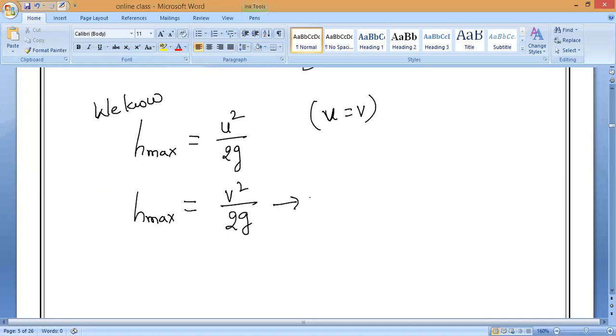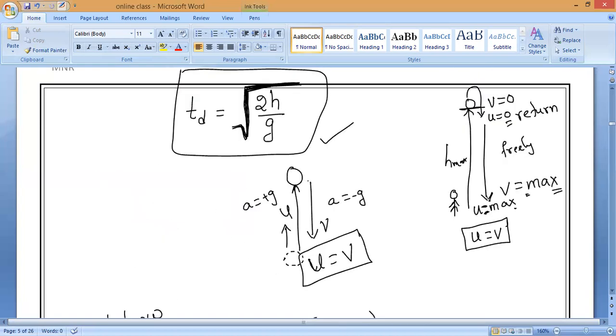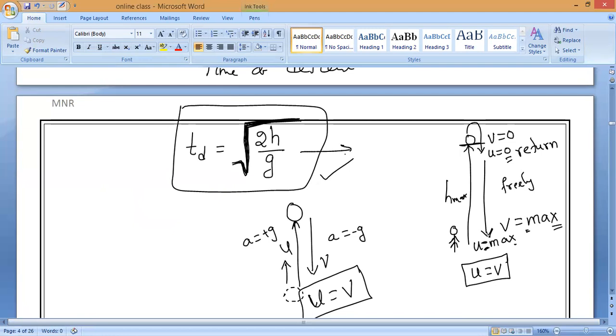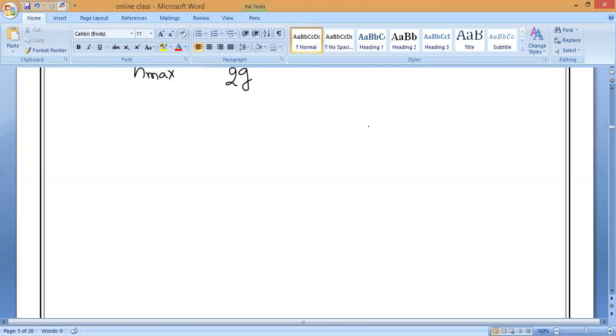Now, let us take this as equation 2 and the time of descent formula as equation 1. Now, substitute equation 2 in equation 1.